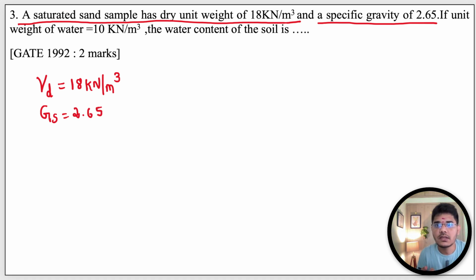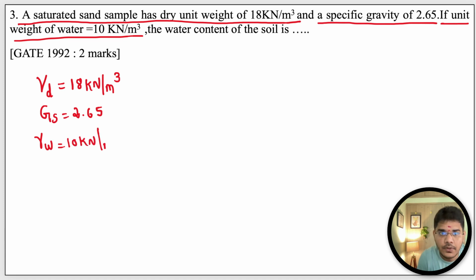And what more he has given, unit weight of water is equal to 10 kilonewton per meter cube. So gamma w is equal to 10 kilonewton per meter cube.